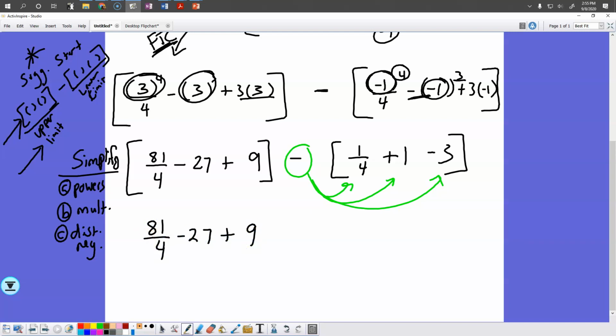After that, you don't really need the parentheses and brackets anymore. You should have done all the math that was necessary for those to be there. But now we're good, so we can go do that. Notice all the signs changed. The 1/4 became negative, the 1 became negative, and then the -3 became positive.